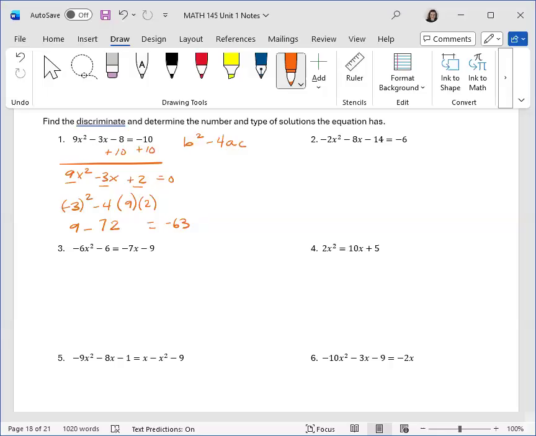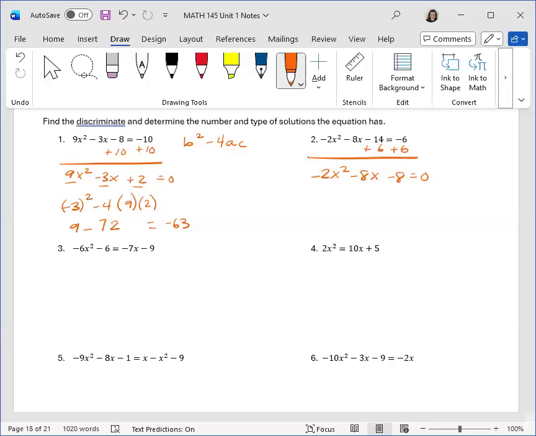Okay, number 2. Again, getting it in the right form, I'm going to add 6 to both sides of that equation. That's going to give me negative 2x squared minus 8x minus 8 equals 0. We also would like the lead coefficient to always be positive.